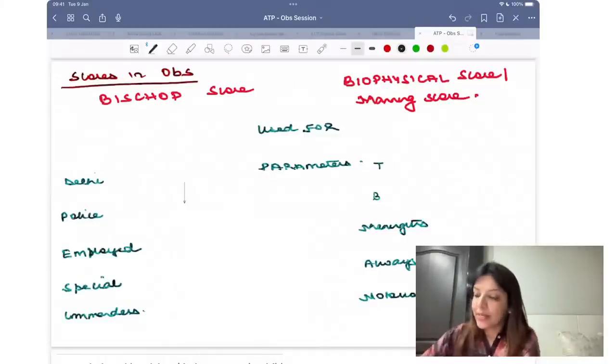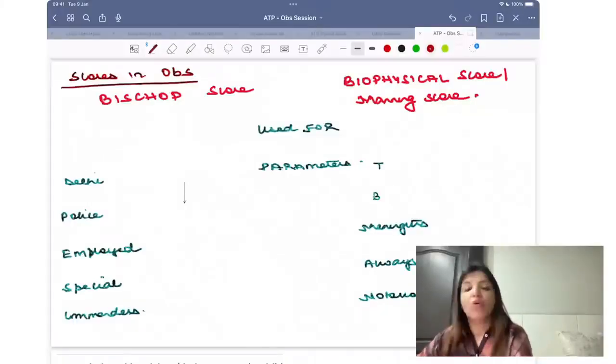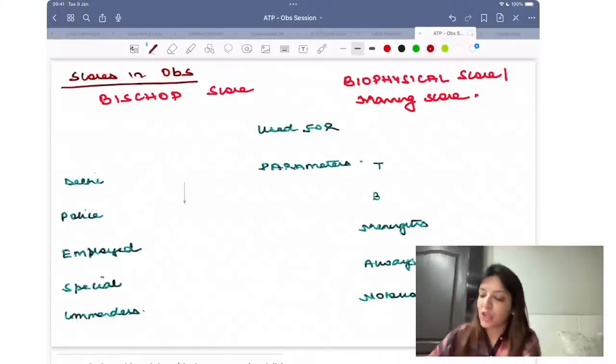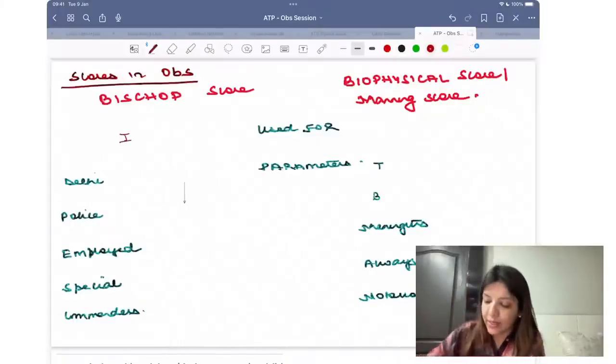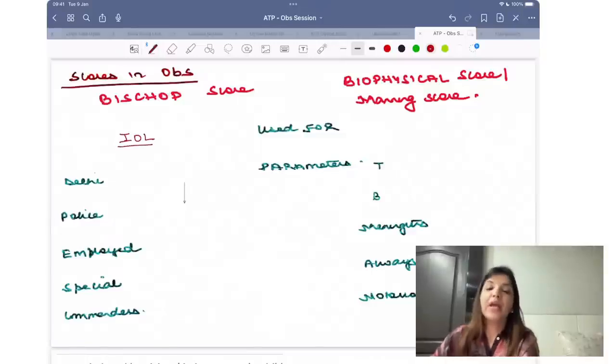Okay. So let us talk about Bishop score. Where is Bishop score used? Bishop score is used for induction of labor. Now, in Bishop score, there are 5 parameters which you have to look at.